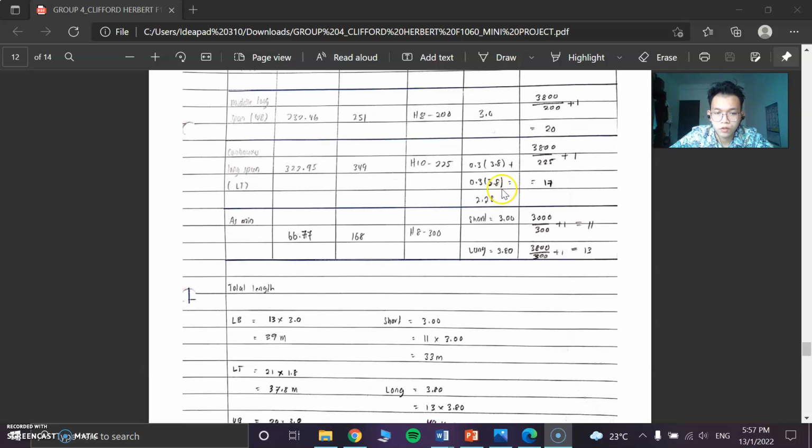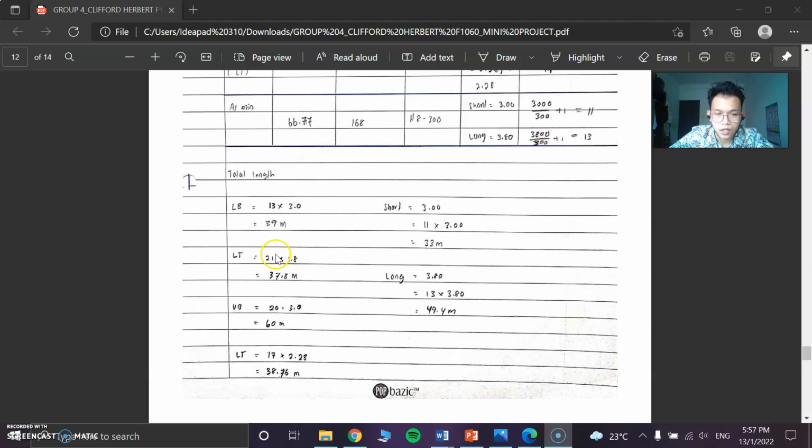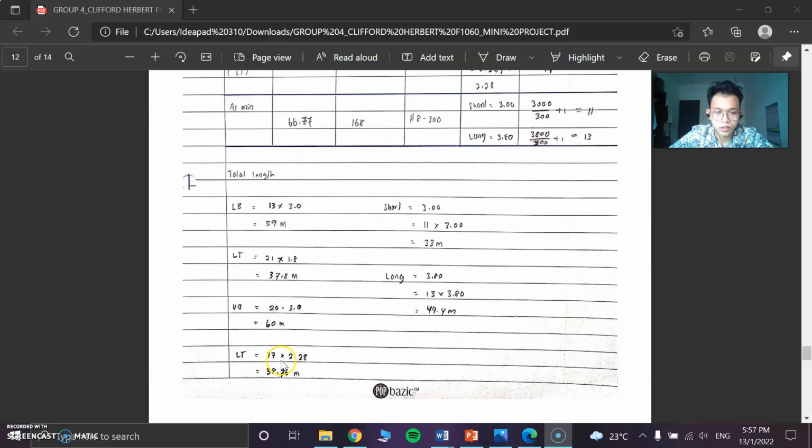For overall total length of each bar is 39 millimeter. For LB, LT is 37.8 meter, UB will be 60 meter, LT for long span is 38.76 meter.